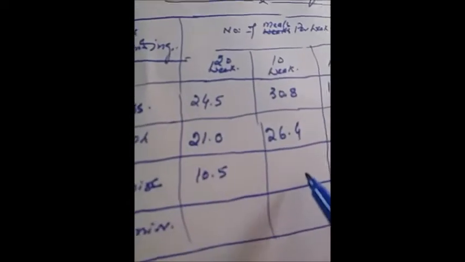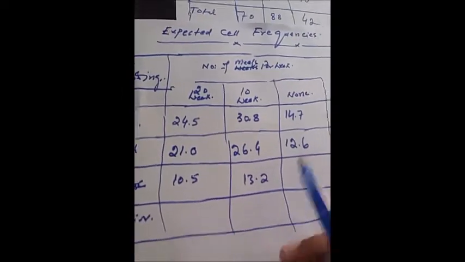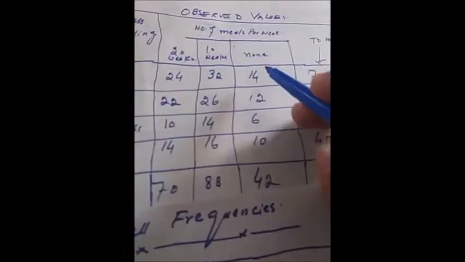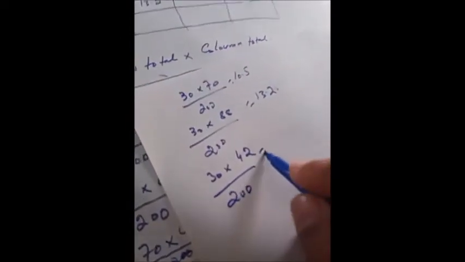So we obtained 13.2 for expected cell frequencies. With the same method, we apply it for none. 30 multiply column total 42 divided by 200.